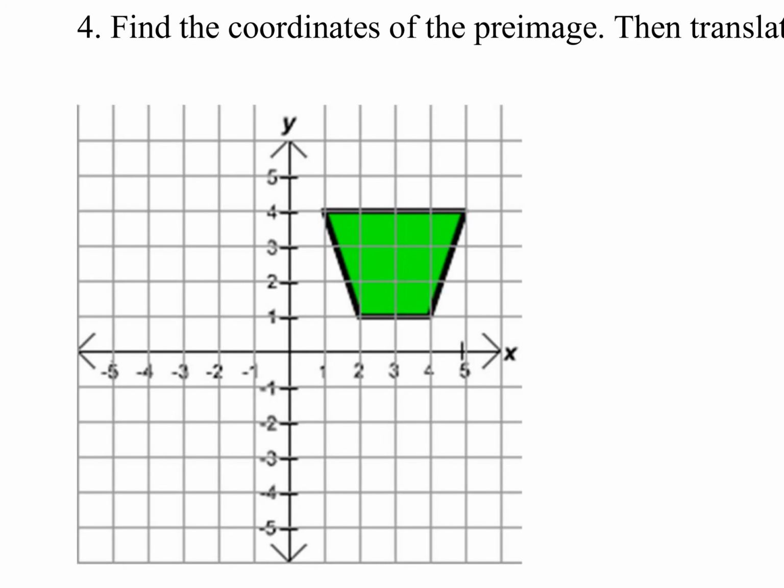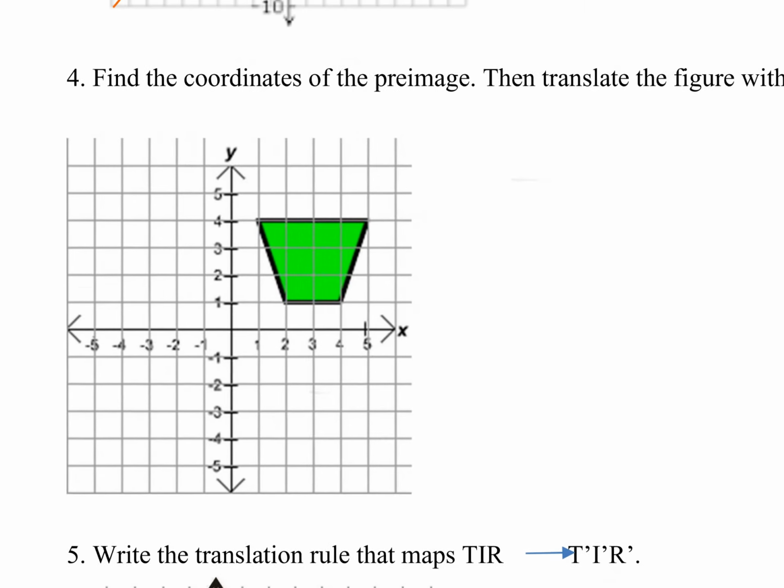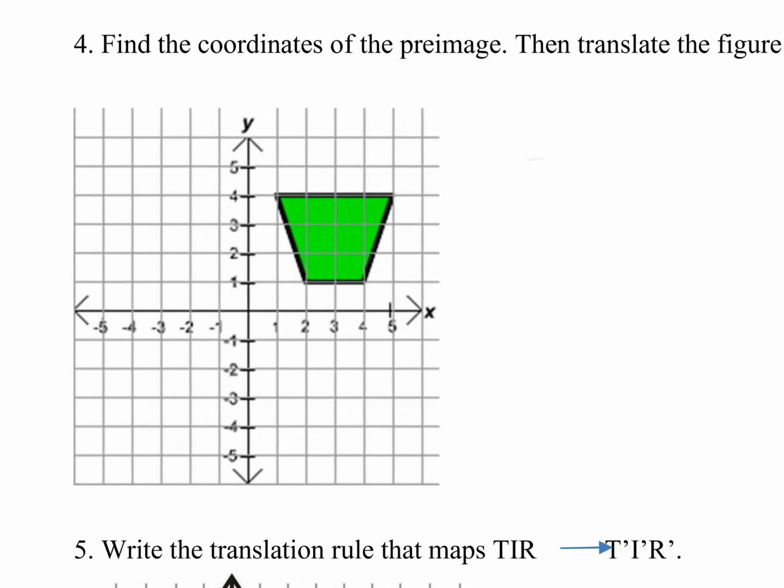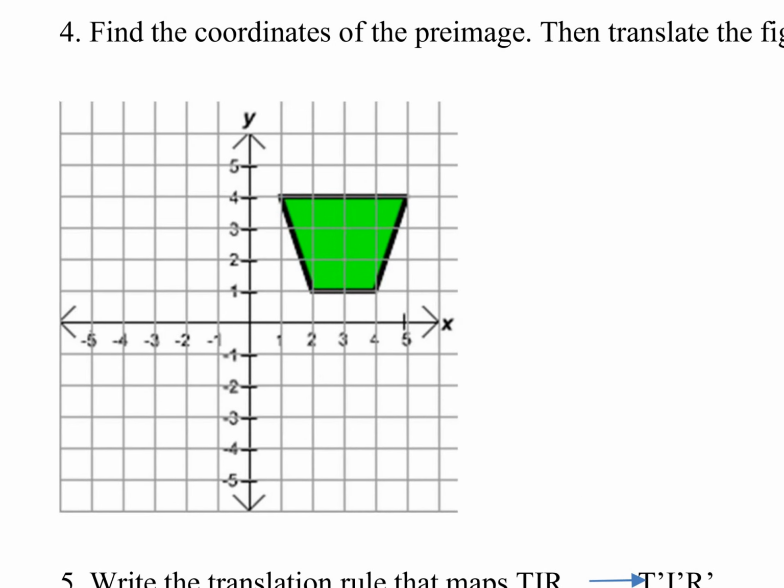Number 4, we're going to translate this figure with the vector -4, -2. That tells me I'm going to go on the x-axis -4, on the y-axis -2.